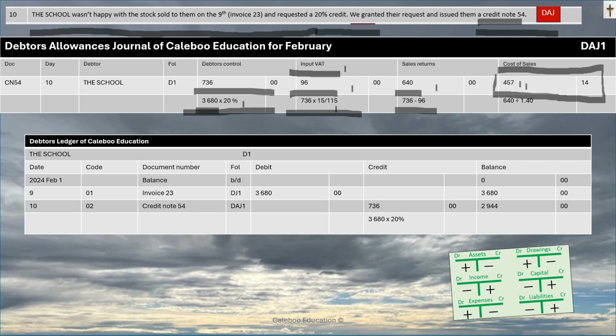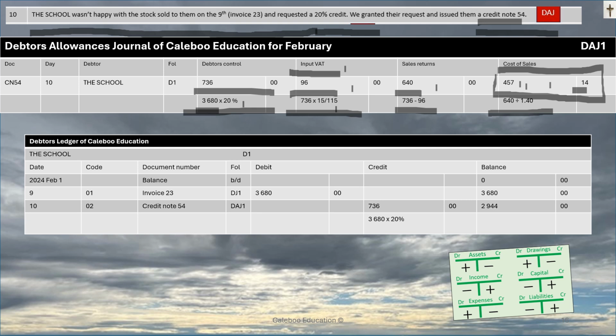The stock returned to us is calculated by taking the sales amount, dividing by 1.4, because the markup on the cost price was 40%, and that gives us 457.14. So this is revision. I'm just going through this journal entry again. It was done when we did the debtors allowance journal, but just a little bit of revision, how these amounts were calculated.